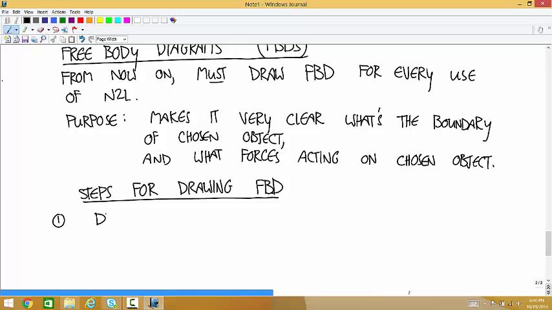First, draw a closed outline of the chosen body.